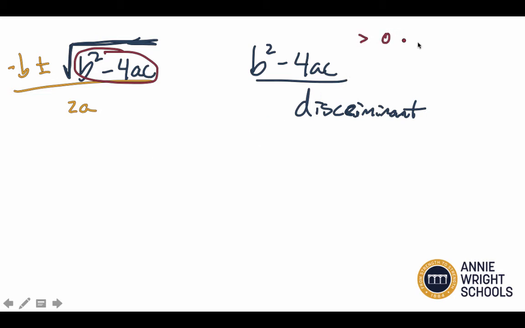You get two solutions. If it equals 0, then you get negative b plus or minus 0 all over 2a. That's actually just one solution to the quadratic. It's a solution that happens twice. And then lastly, if it's less than 0, you get something called no real solution.